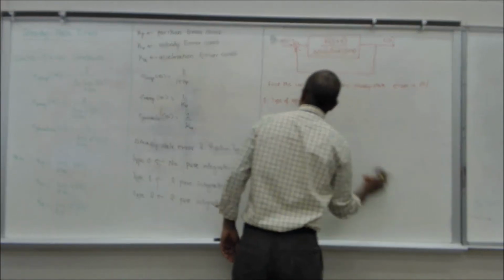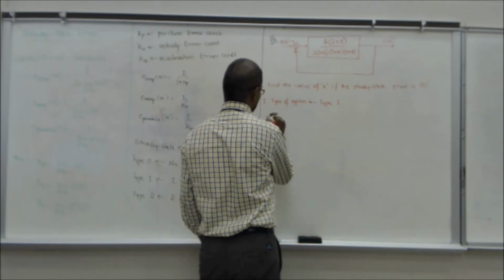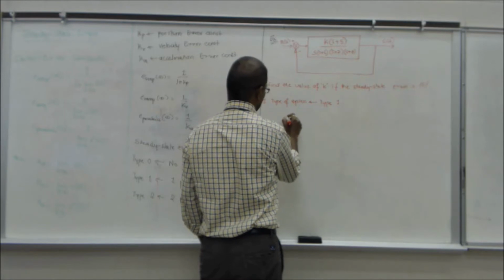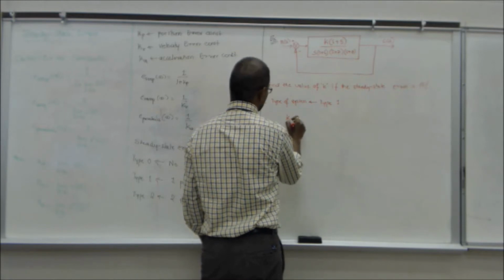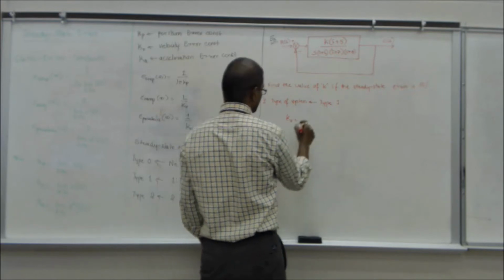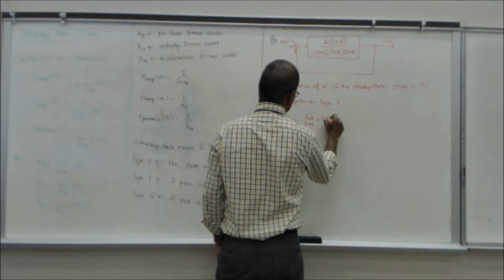So what do you need for E ramp? You need Kv. For a type 1 system, Kv is the limit as s tends to 0 of s G(s).